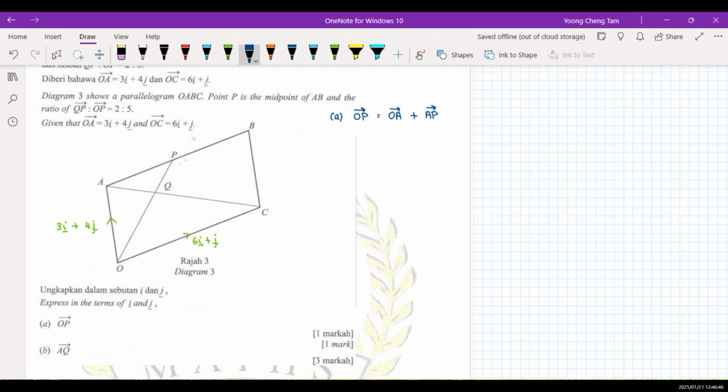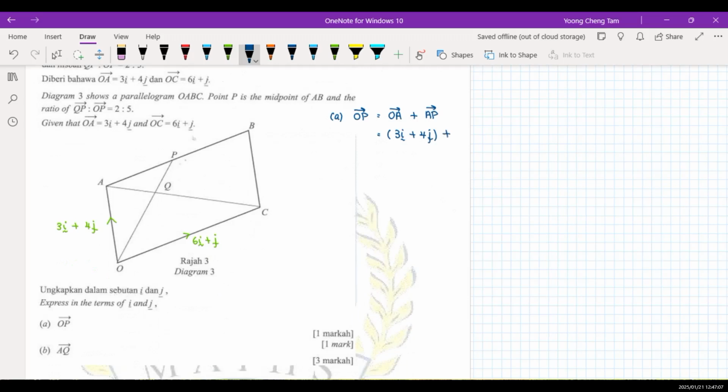You go from point O to point A, and after that, continue from A to P. Now OA, we have the information given from the question, so you can substitute directly 3i plus 4j.